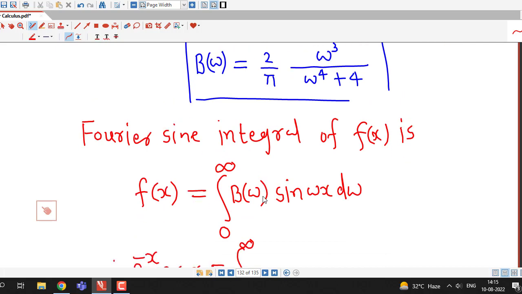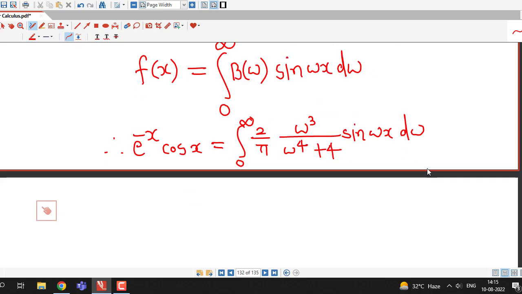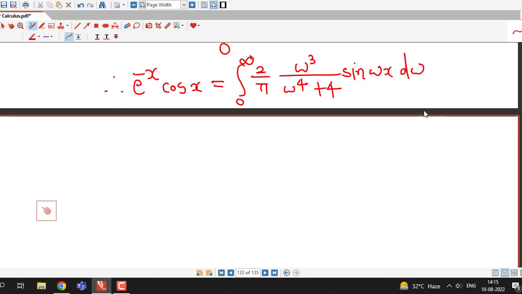B omega is 2 by pi omega raised to 3 divided by omega raised to 4 plus 4, sine omega x d omega. We substitute this value, 2 by pi omega cube upon omega raised to 4 plus 4. In the next step, we take this 2 by pi outside the integral.